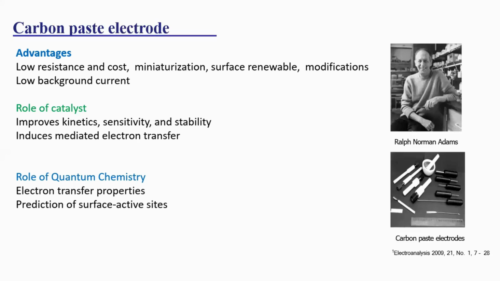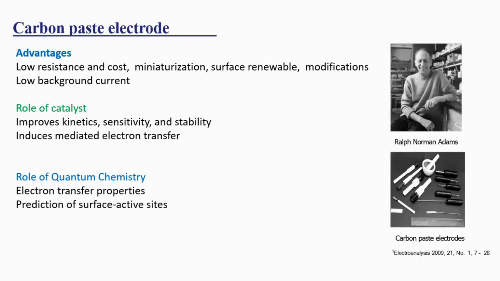If we add a catalyst to the carbon electrode surface, it will improve the kinetics, and as a result sensitivity will increase. Sometimes nanoparticles or catalysts will increase the stability of the electrodes. Another major advantage is that when a catalyst is present on the carbon-based electrode surface, it will mediate the electron transfer between the working electrode and the analyte.